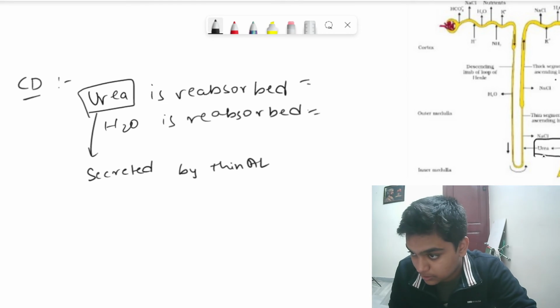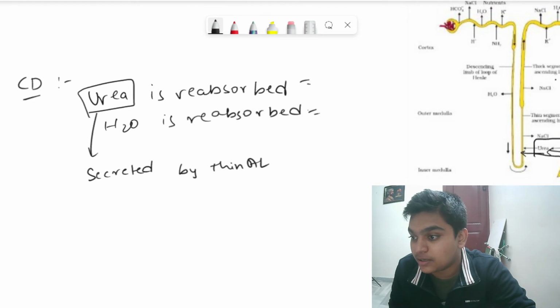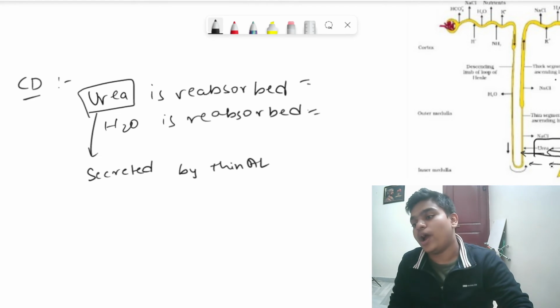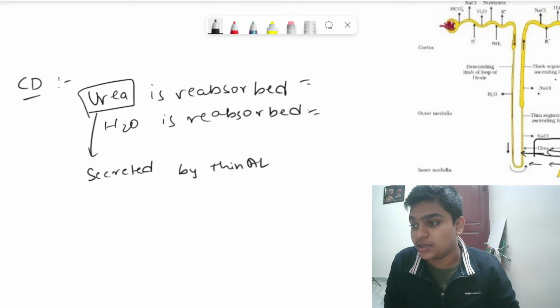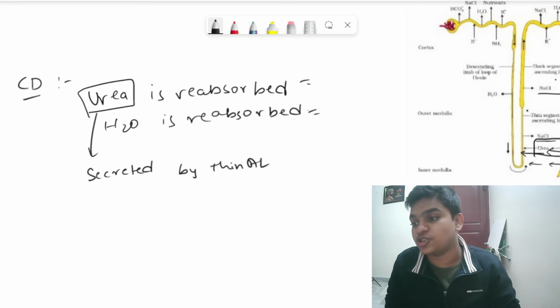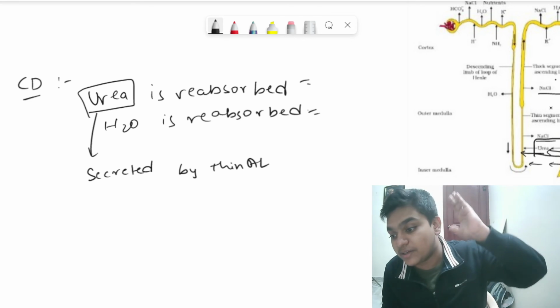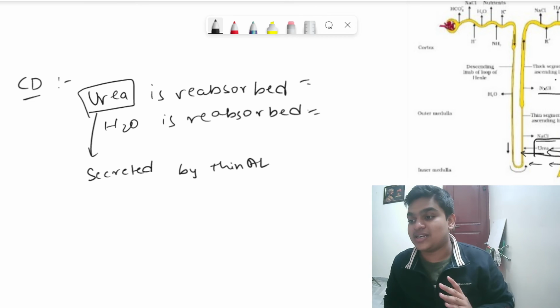See here, urea is being reabsorbed and it is again secreted, reabsorbed, secreted. Why is this happening? See here NaCl reabsorption taking place, here also NaCl reabsorption taking place, and this NaCl which is reabsorbed is sent into the vasa recta.